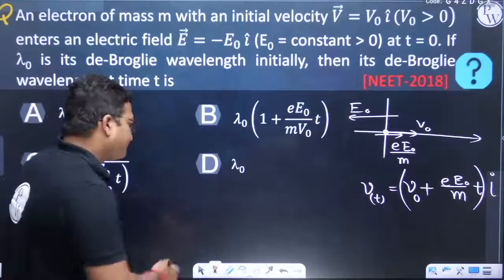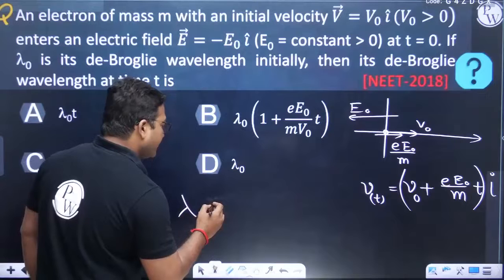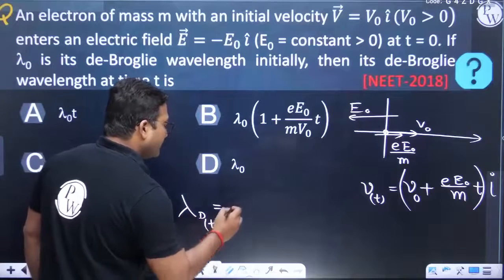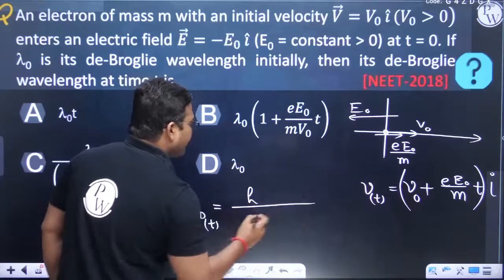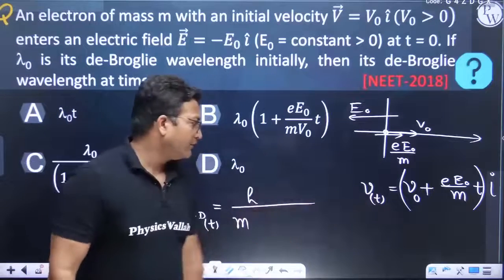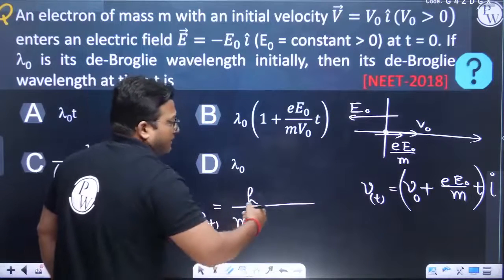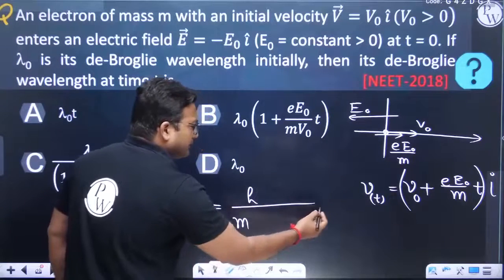Obviously it would be h divided by mass times the new velocity magnitude.